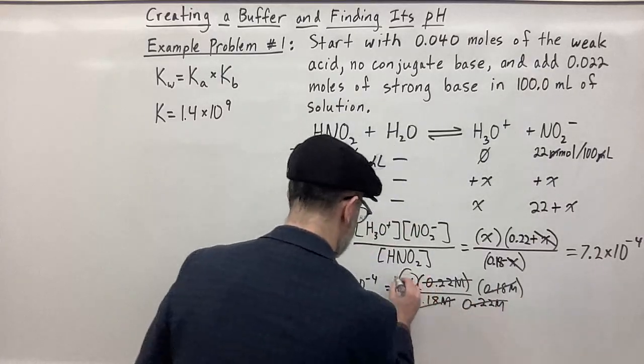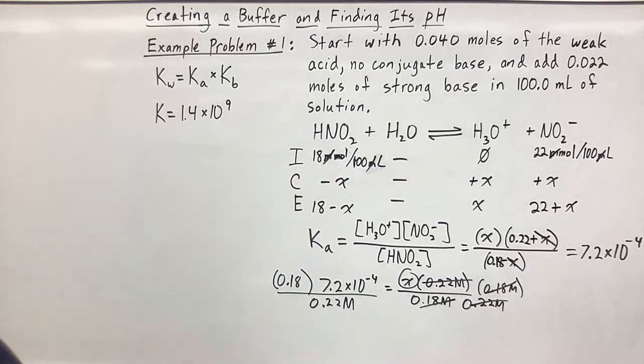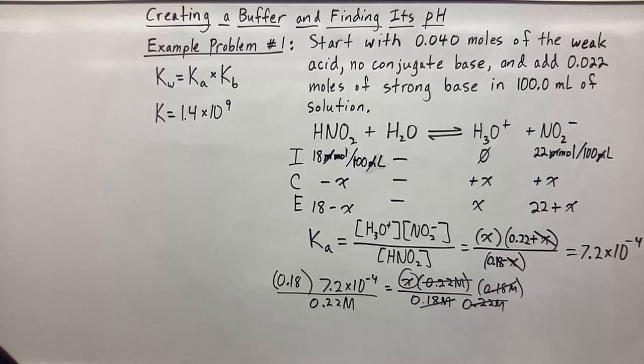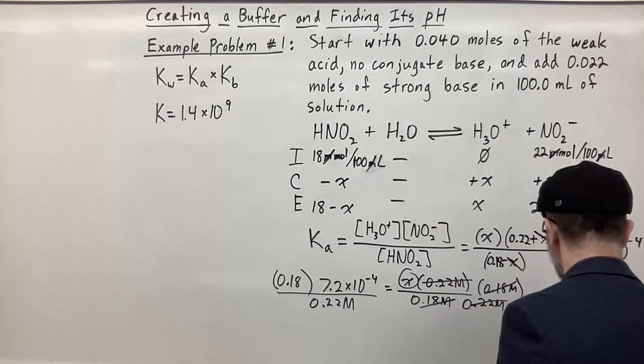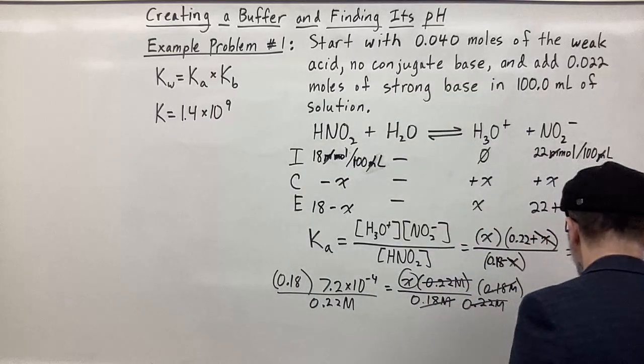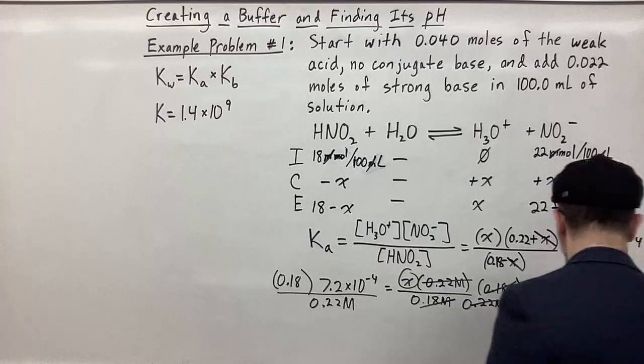Then we have X equal to this. And what do we get? 5.89. So X is equal to 5.89 times 10 to the negative 4.